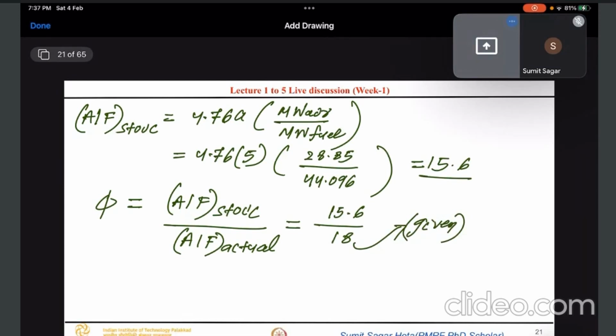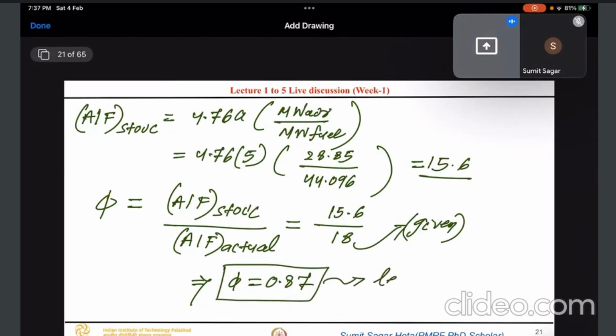If you see, 15.6 and 18 are not matching, so clearly it is not a stoichiometric mixture. If you calculate, the value comes out to be 0.87, and 0.87 is a lean fuel mixture.